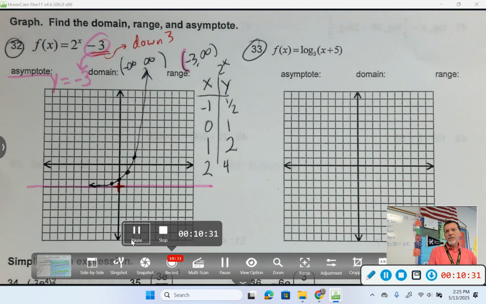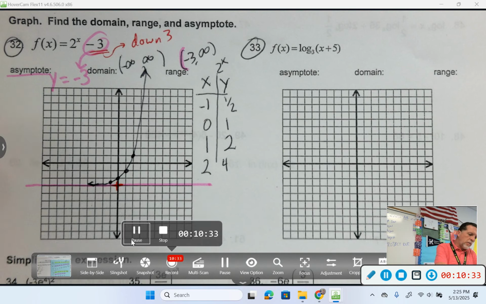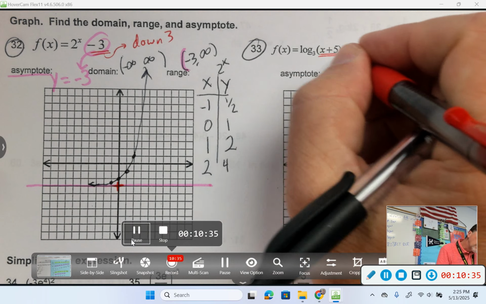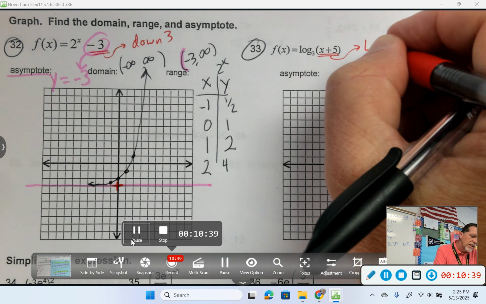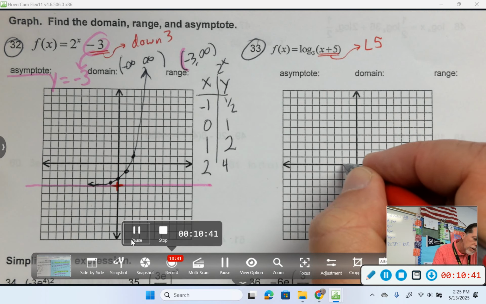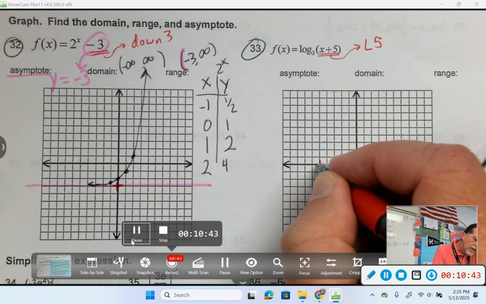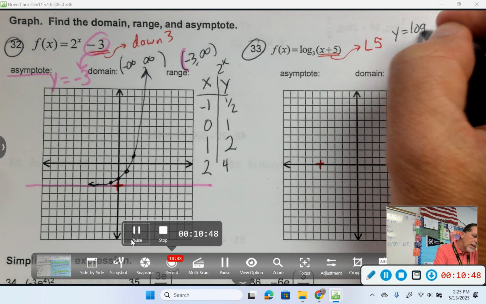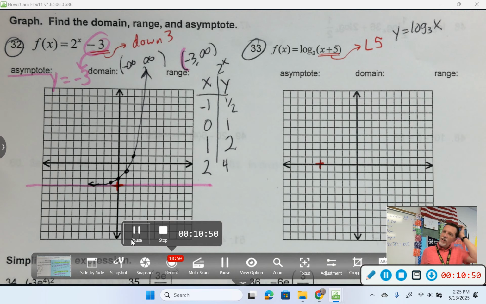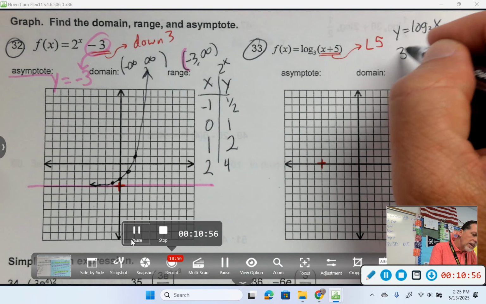Okay, to graph a log, well, let's back up a second before we get too far into that one. What's the +5 do? Left 5. 1, 2, 3, 4, 5. And then you might remember that we didn't really graph a log. We turned it into an exponent. Right? Why bother with logs when you can do an exponent instead?